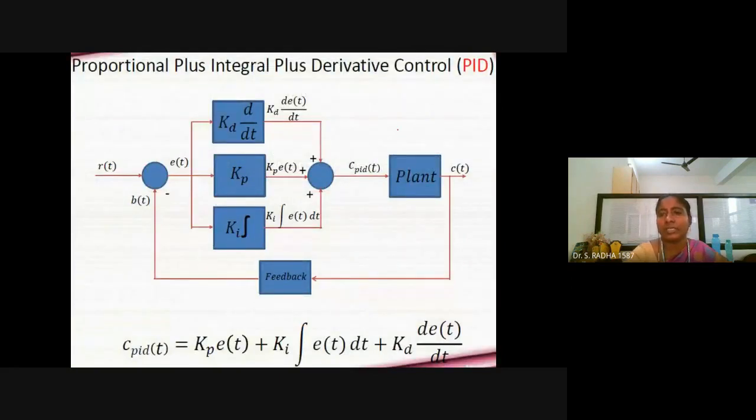Now the overall transfer function of these three blocks will get multiplied with the open loop transfer function gain, because those two are in series. Then feedback, this is H of S. Unity feedback means H of S equals 1.